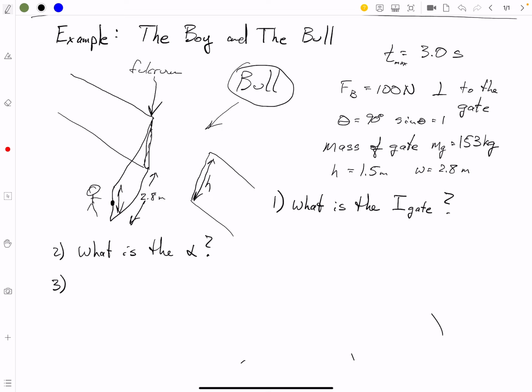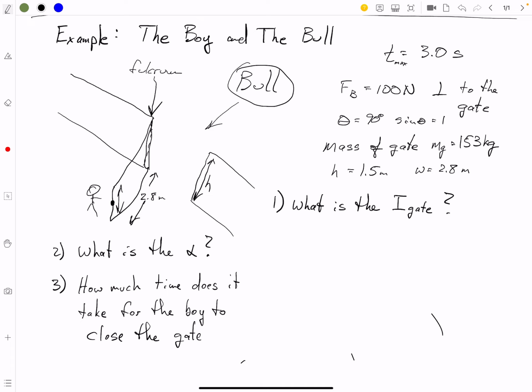Third, how much time does it take for the boy to close the gate? So, will he do it in time?